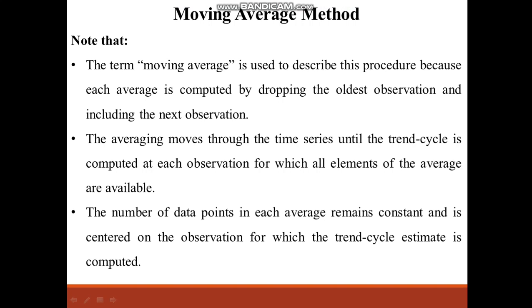The averaging moves through the time series until the trend cycle is computed at each observation for which all elements of the average are available. The number of data points in each average remains constant and is centered on the observation for which the trend cycle estimate is computed.